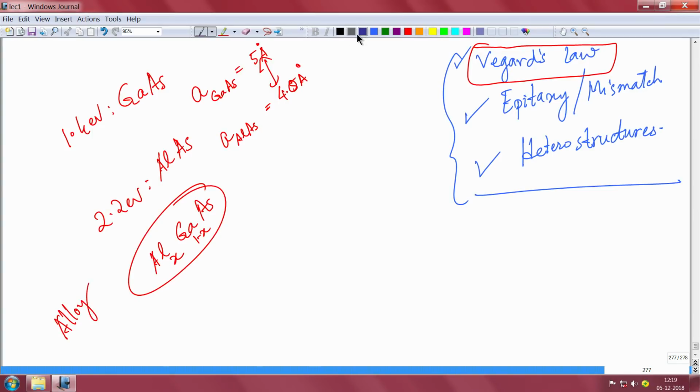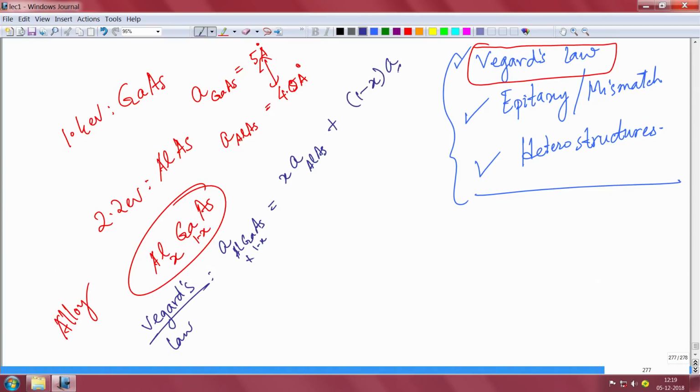So essentially Vegard's law says that you can do a linear interpolation, which means the lattice constant of aluminum gallium arsenide, Al x Ga 1 minus x As, will be equal to x times the lattice constant of aluminum arsenide plus 1 minus x times the lattice constant of gallium arsenide.